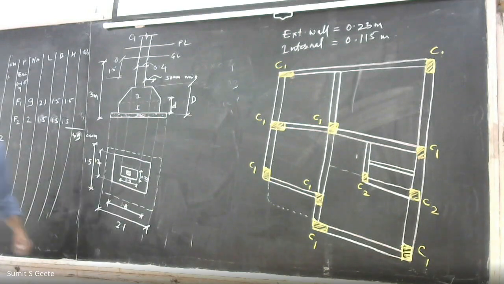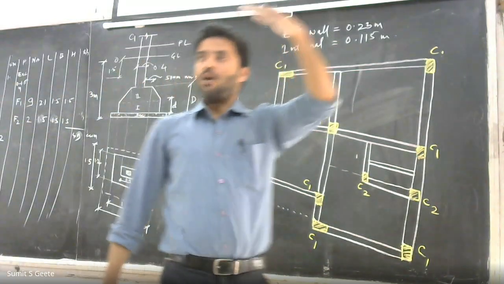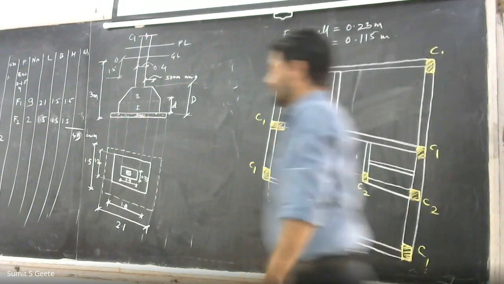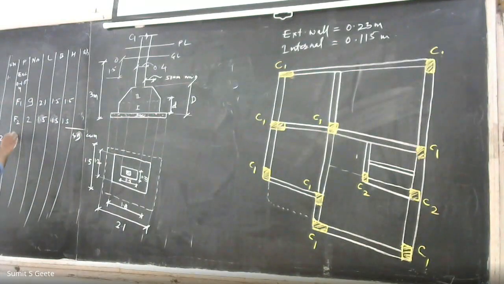Second. Now what do we want? We want excavation for 1.5 meter to 3 meter. So excavation 1.5 to 3 meter. Again, we are going to do the excavation for F1 and F2. Now again, numbers remain the same, so 9.